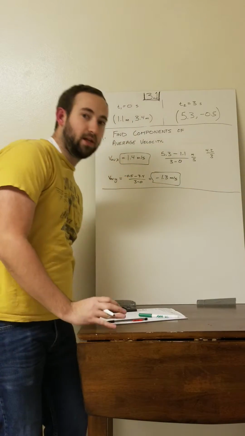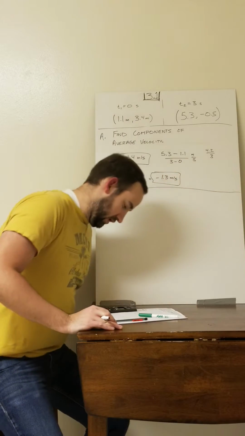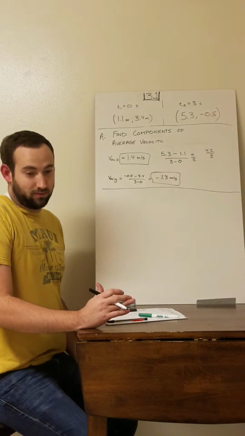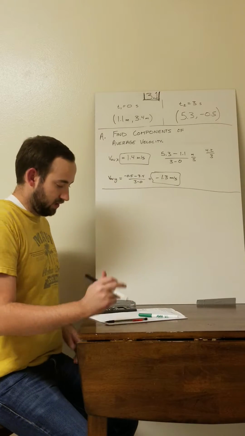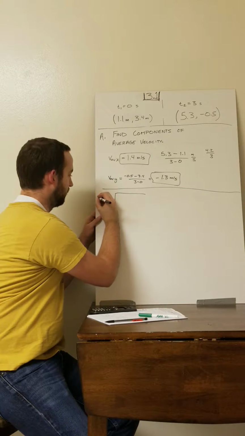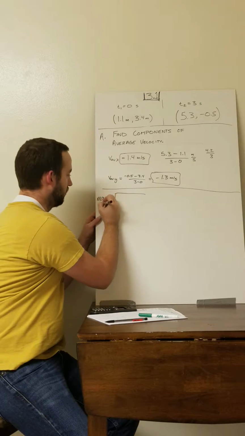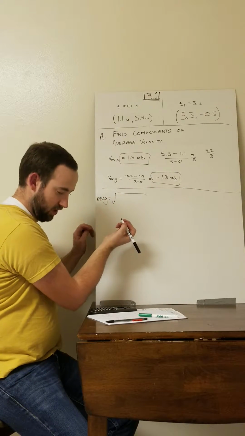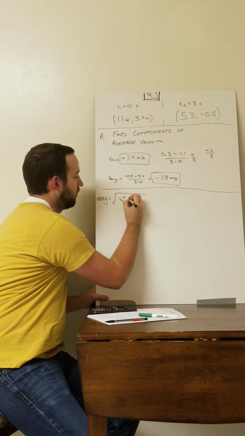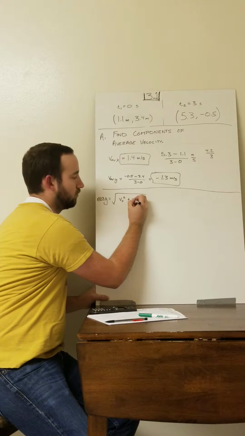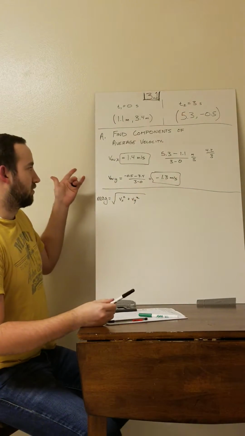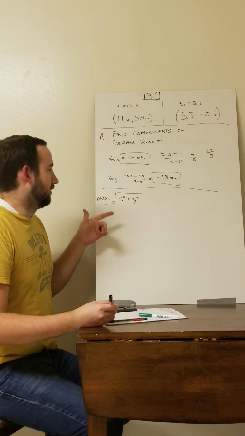So now for part B, we need to find the magnitude and the direction. And so we'll start with magnitude, and that equation is the square root, so magnitude equals the square root of vx squared plus vy squared. And so now, since we've already done the two components, we just plug those values in.